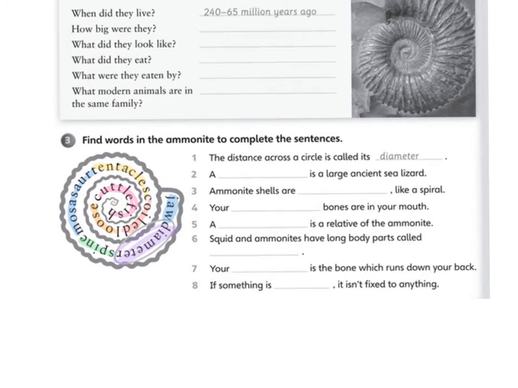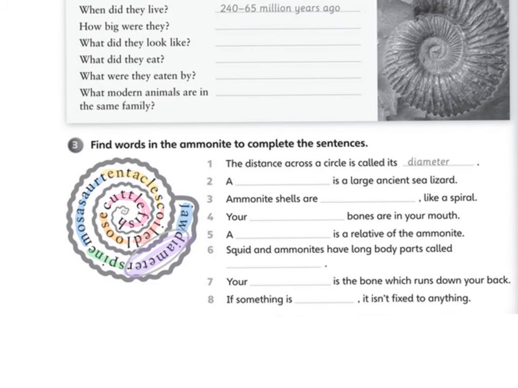Now let's decide which of these is the best for the sentences. Are you ready? The distance across a circle is called a diameter. Well, that's the example. Next, a blank is a large ancient lizard. That is a mosasaur. A mosasaur is a large ancient lizard. It's like the first crocodile.